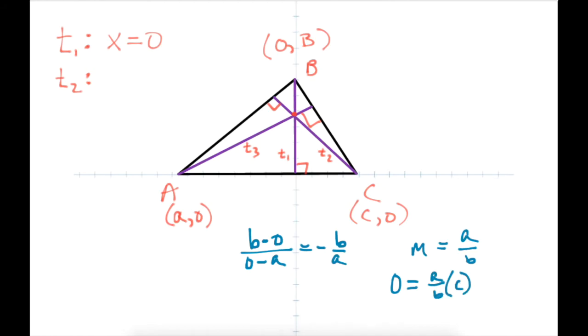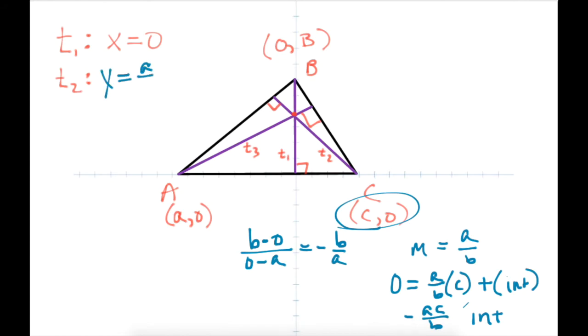That's using this point right here with our new slope to find our intercept. And so our intercept has to equal negative AC over B. So our equation for T2 is y equals A over B x minus AC over B.